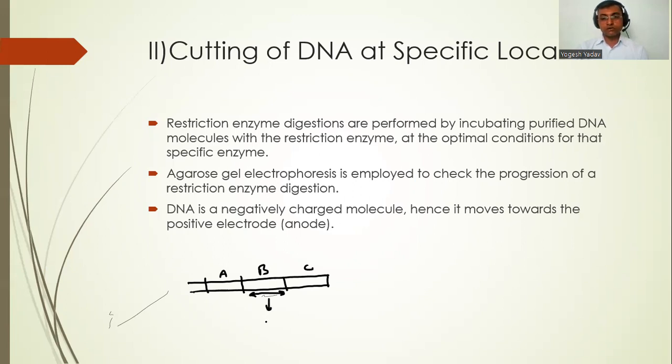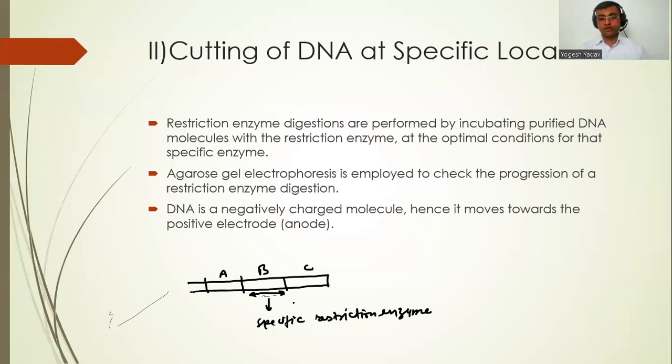So we will use the specific restriction enzyme to cut this B gene. With the help of these specific restriction enzymes, we will be able to cut the DNA.